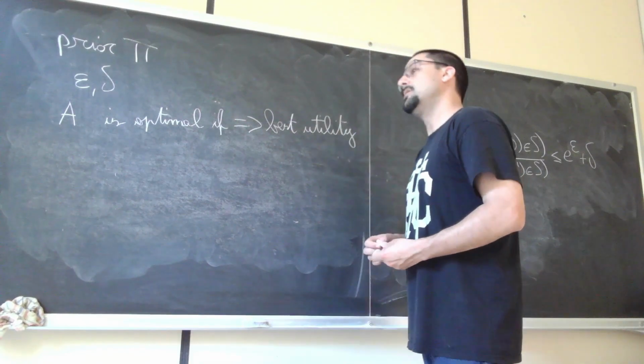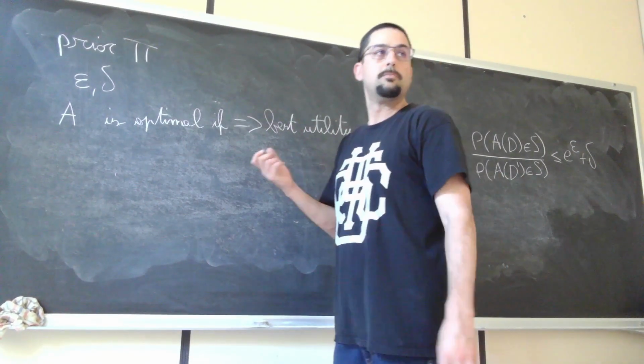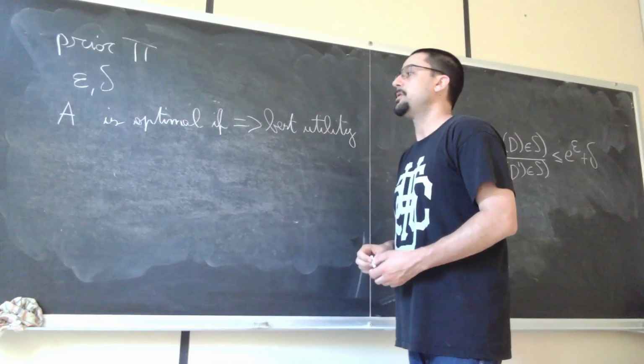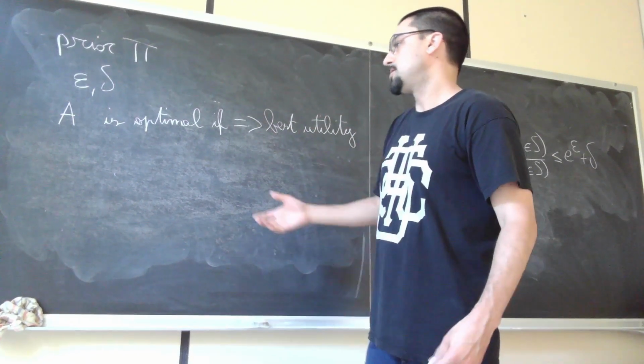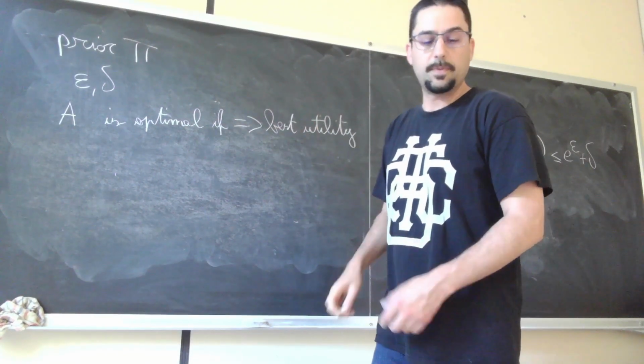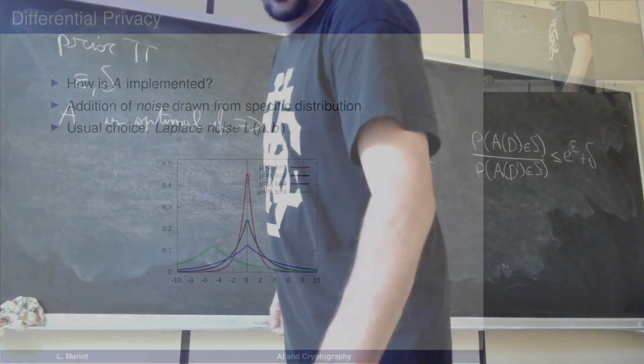So we want this noise to be small in order to preserve the utility of our query. And we say that A is optimal if it provides the best possible utility with respect to this measure.